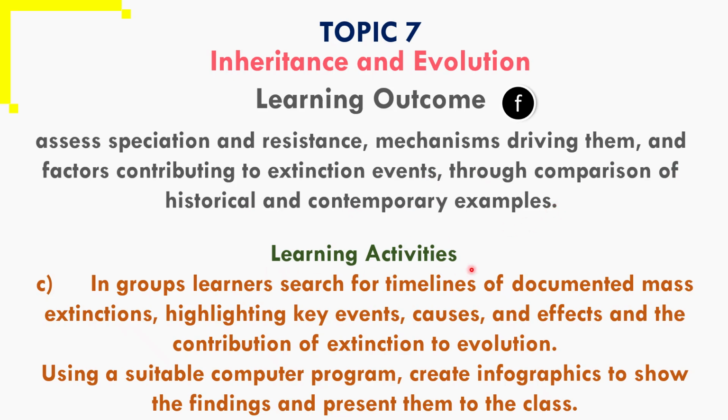Our learning activity is C. In a group, learners search for timelines of documented mass extinctions, highlighting key events, causes, and effects, and the contribution of extinction to evolution. Using a suitable computer program, create infographics to show the findings and present them to the class.